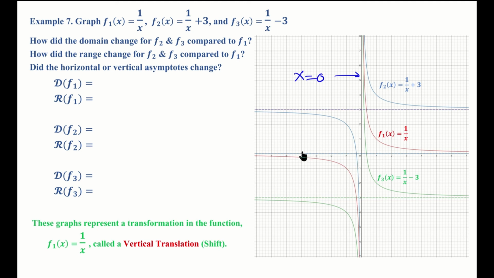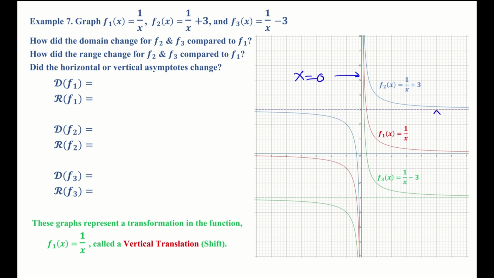The asymptote of the red graph, the original reference graph 1 over x, is the x-axis itself. You move it up 3 units and you get y equals 3. Remember, the equation of the x-axis itself is y equals 0. So the equation of this horizontal line is y equals 3.